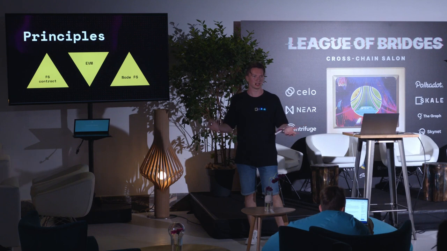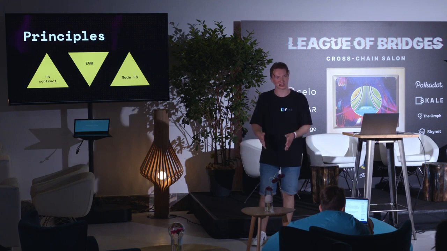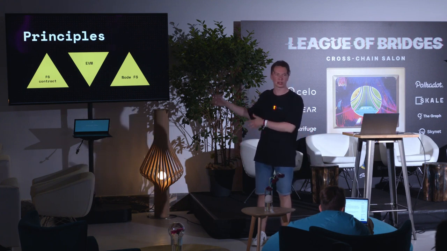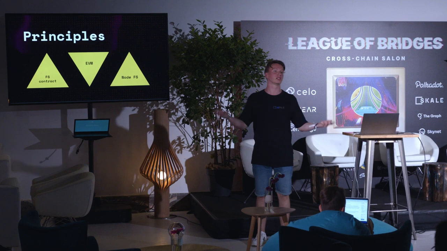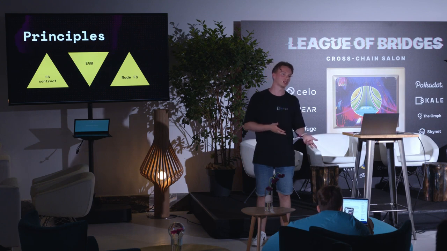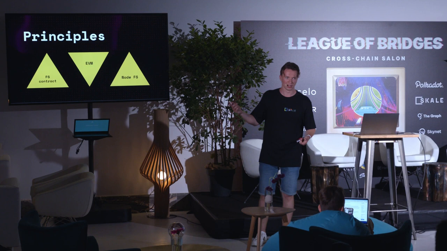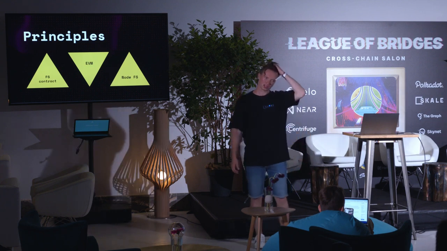But in total, we are not only compatible, we are working in Ethereum because our contracts are on Ethereum, our virtual machine is based on the Ethereum virtual machine, and so on. So all your contracts, all your transactions that are working in Ethereum will be working in our chain. So that's it.